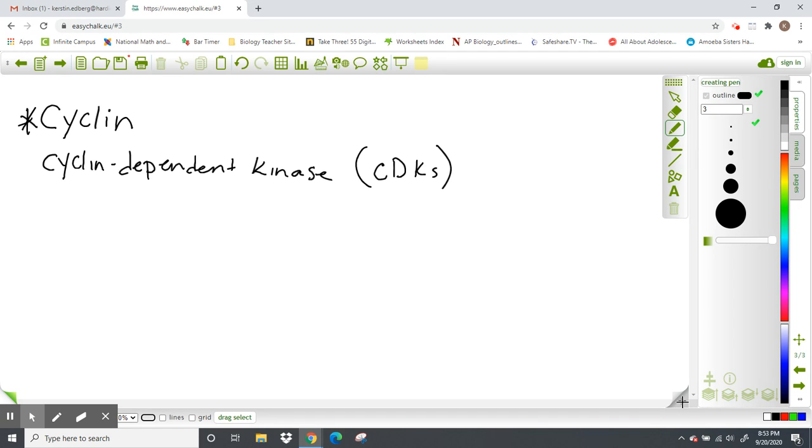When everything is done, this cyclin is broken down by molecules that we call proteasomes. The breakdown of cyclin is what turns the cell cycle off when everything is done.